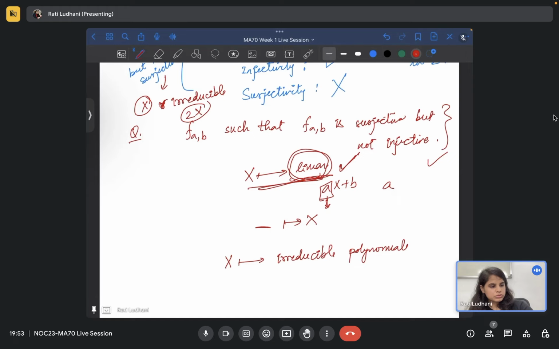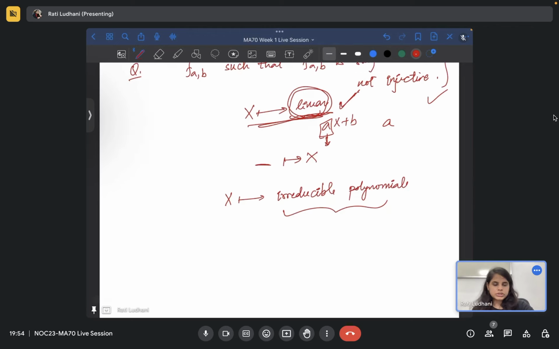If you map it to an irreducible element, you can at least try whether you can get this kind of condition or not. You started with an irreducible element and you mapped it to a reducible element. Will this make sure that for every f(x) you get something reducible? You can try this out.